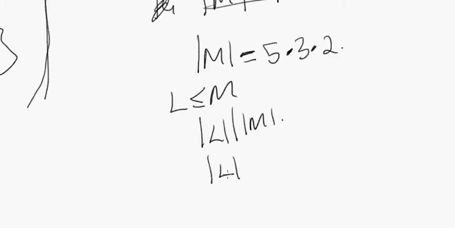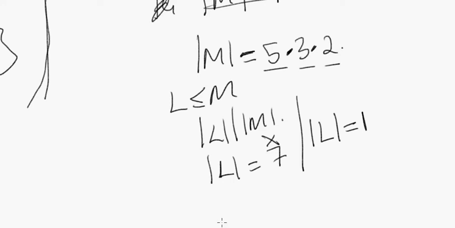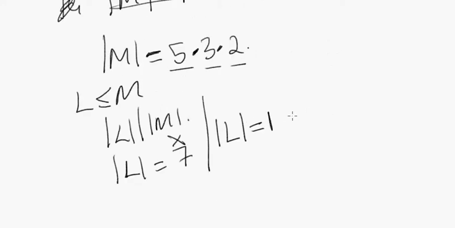Can the order of L be 7, for instance? Does 7 divide the order of M if the order of M is 5 times 3 times 2? So if the order of L can't be 7, what are the possibilities? Could the order of L be 1? Could it be 2? Does 2 divide the order of M? How about 3?